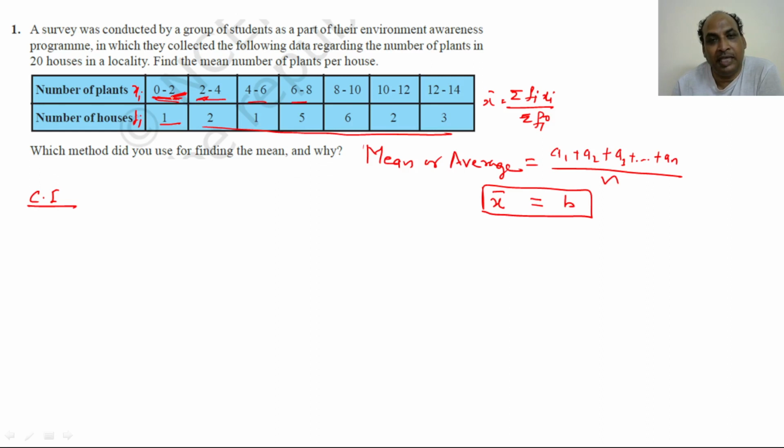If it is not the same, then there are ways to make it the same. So like here 2 is there, here also 2 is there, here 4 is there, here also 4 is there. That check we have to make.